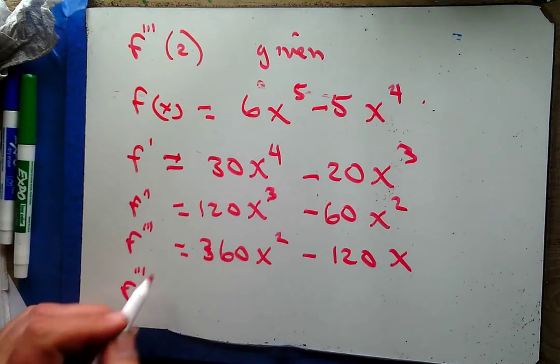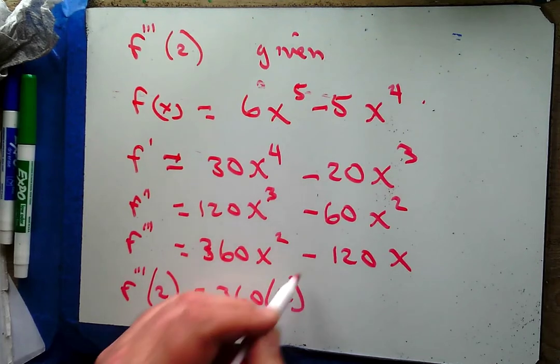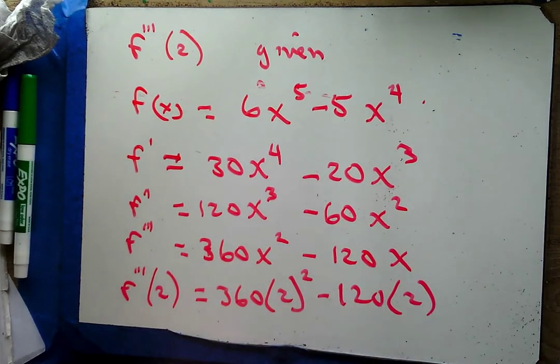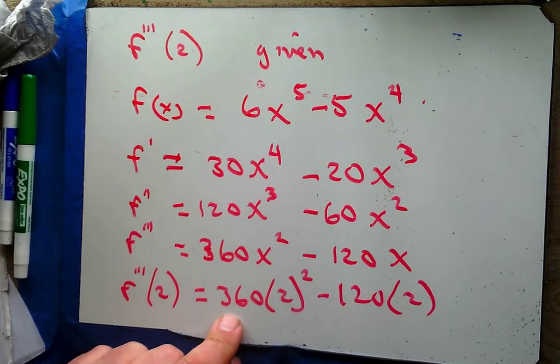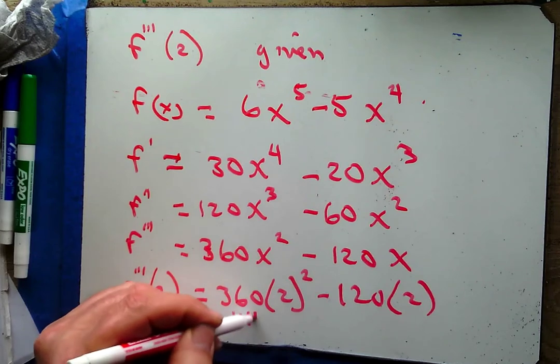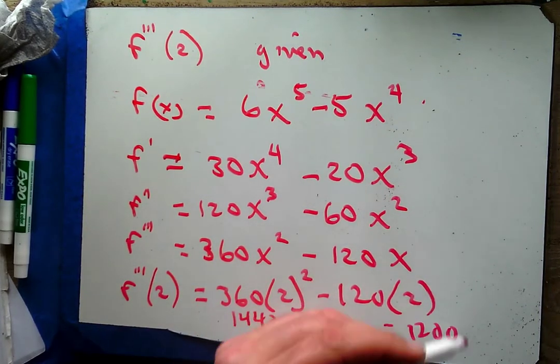And if we want f triple prime of 2, we want 360 times 2 squared minus 120 times 2. So 360 times 4 is 1440, minus 240 is going to be 1200.